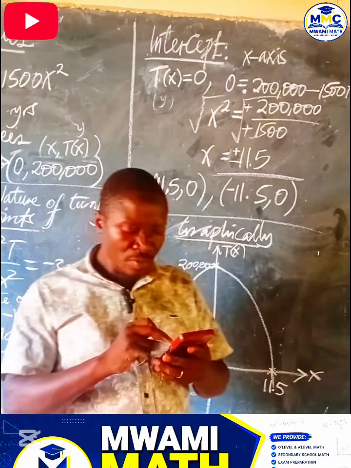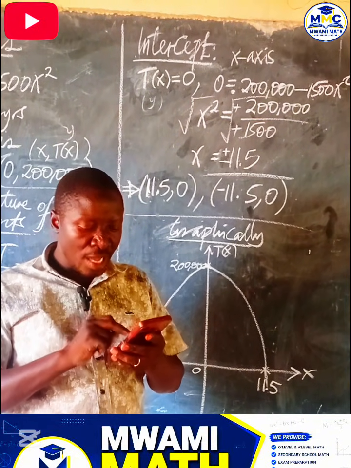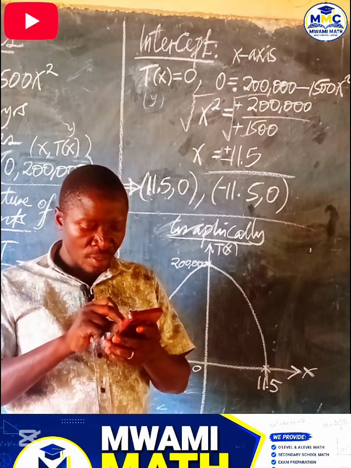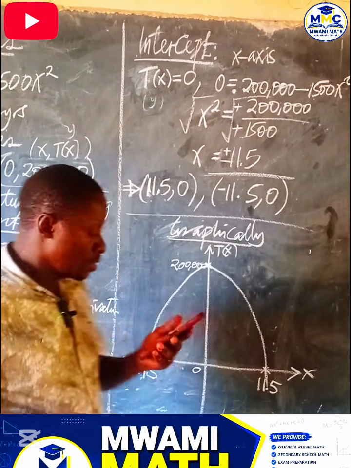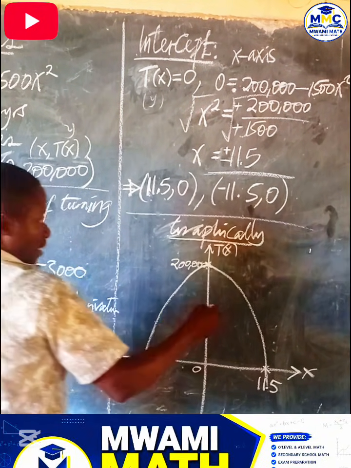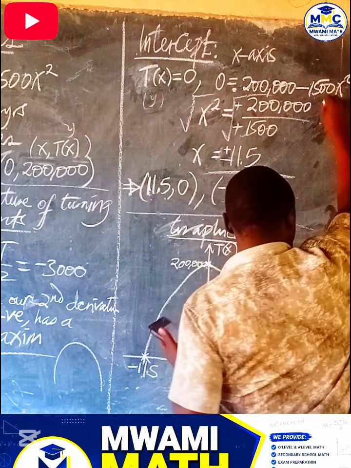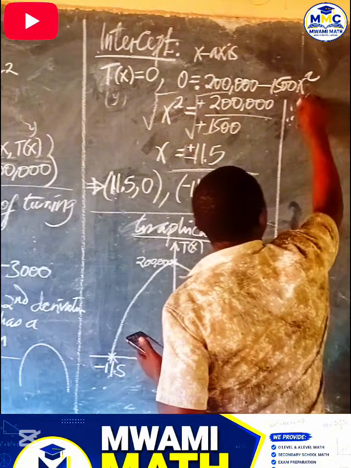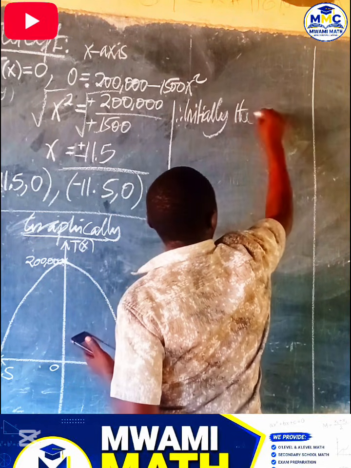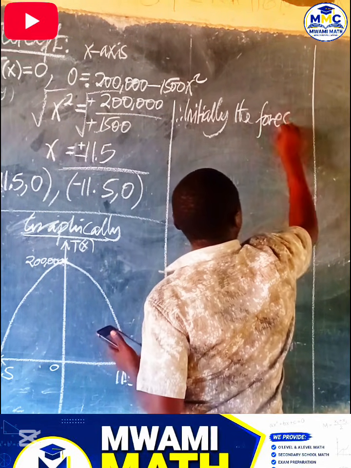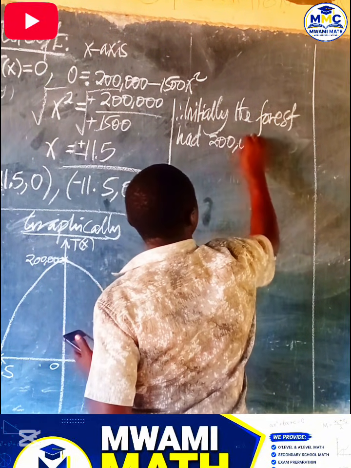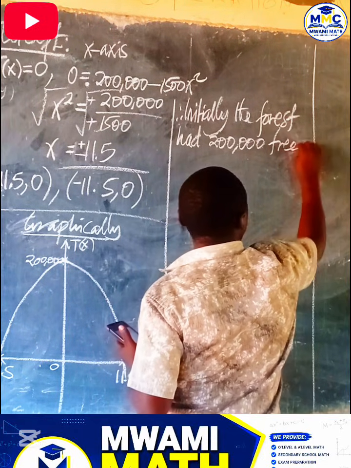So according to our scenario, we shall conclude and say, therefore, this is now the maximum point. Initially the forest had 200,000 trees.